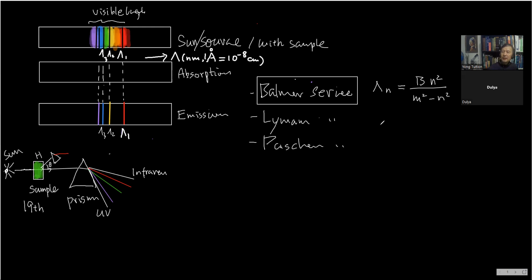So that is called Balmer's formula. He's very clever, because by using just one constant he can model this series. Of course, he didn't know what was going on, but he could use this formula to describe it.